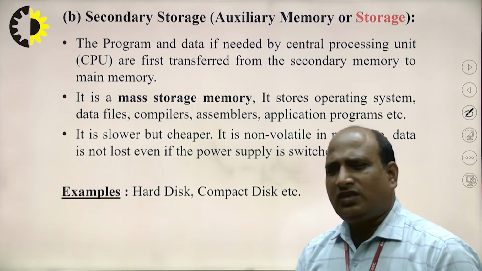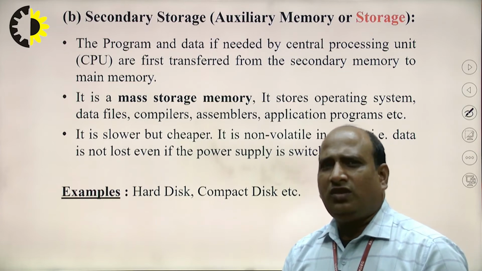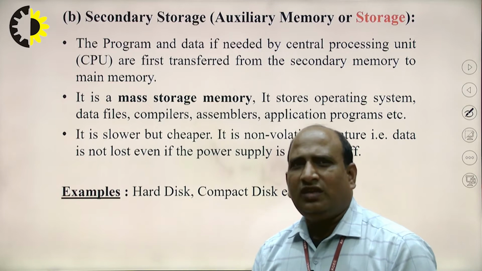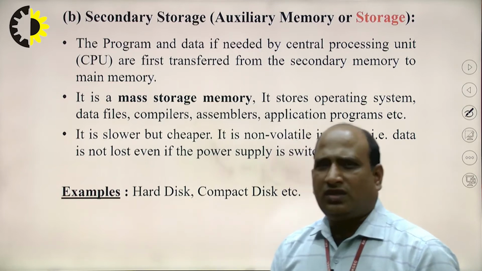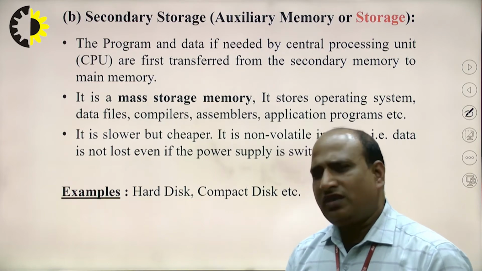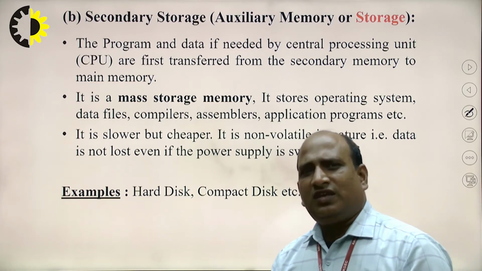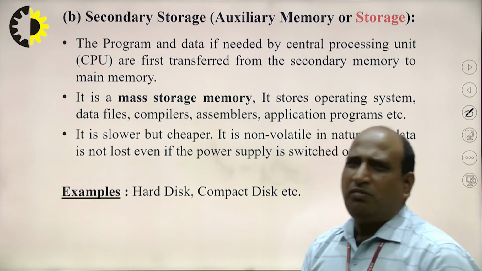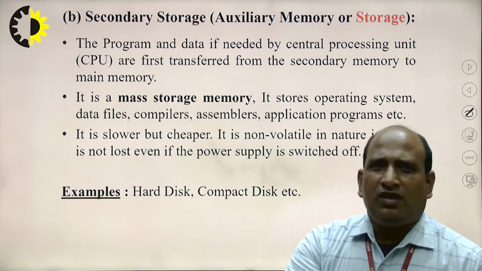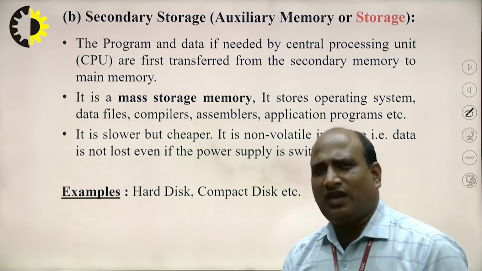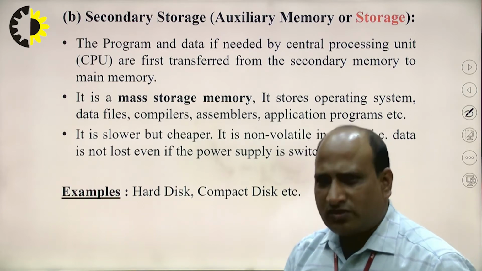Secondary storage is a bulky memory. Huge amount of data are stored permanently in secondary storage. It is also called mass storage device, but whatever data is stored in secondary storage must be brought to the primary memory, because the primary memory is the memory that is directly accessible by the processor.